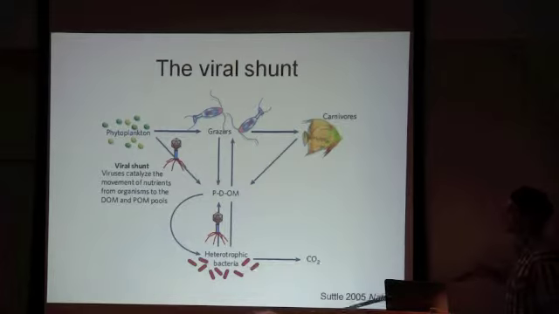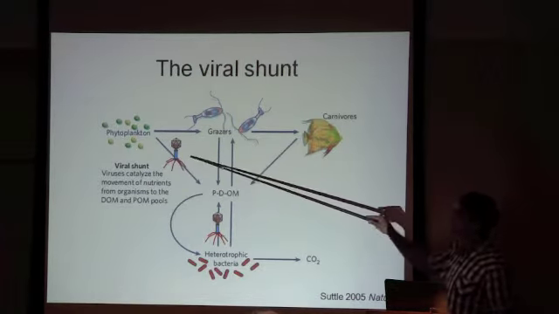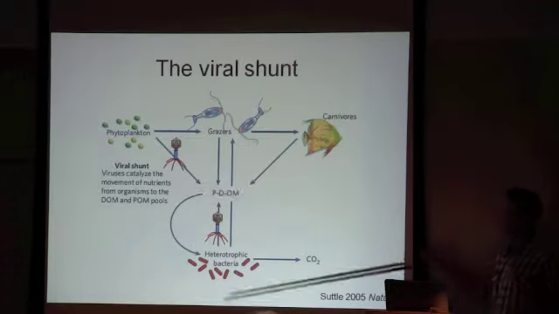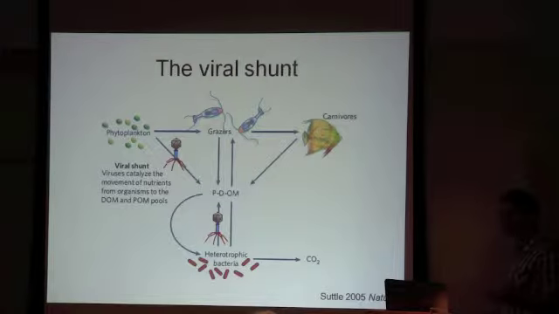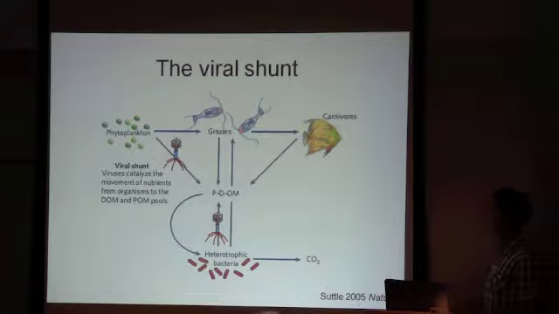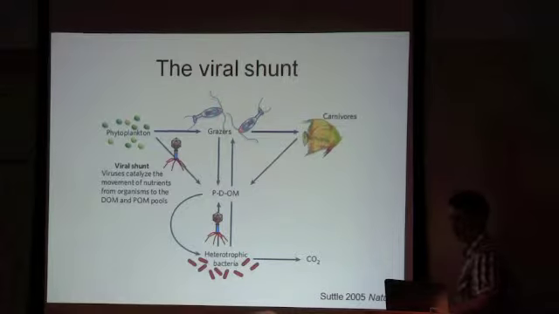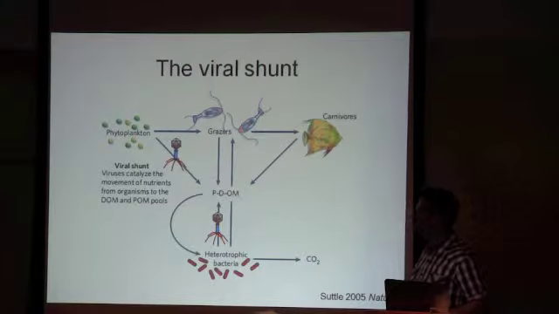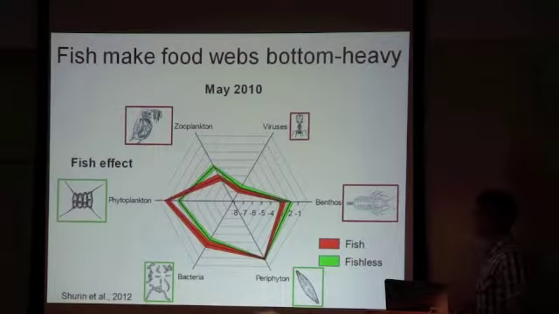Those can also be attacked by viruses. And so basically, viruses are preventing the export of organic matter to the deep part of the ocean, to the sediments, either in the ocean or in lakes and ponds, by lysing these cells and releasing this dissolved organic matter, and preventing flow of nutrients up to the higher trophic levels in the food chain there.